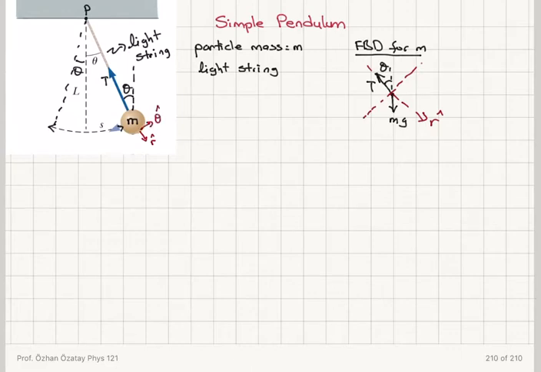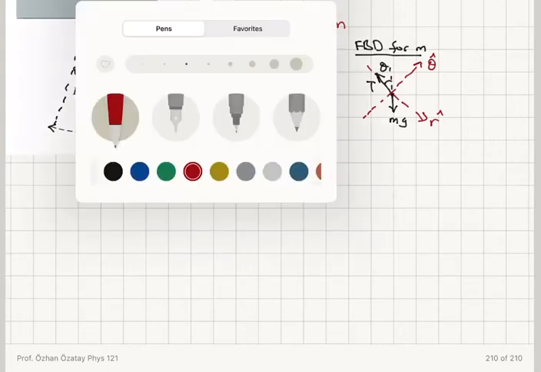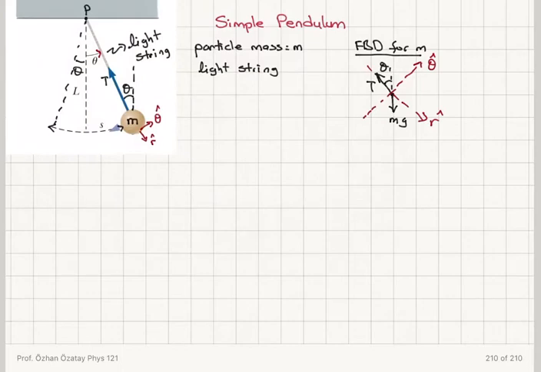This is in the direction of r hat, and this will be theta hat, so that I define theta to be increasing in this direction. Okay, and I'm interested in the motion that is forming a circular arc here. If I write the net force on the radial axis, what do I have?